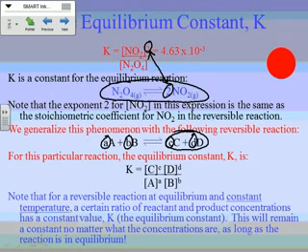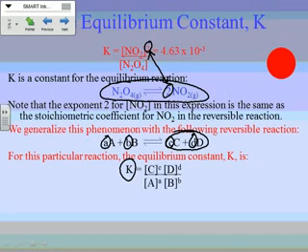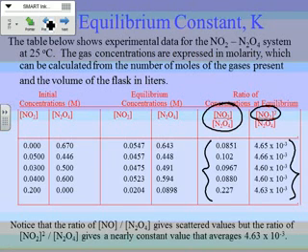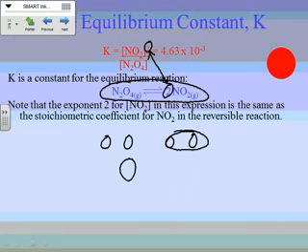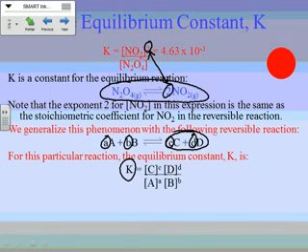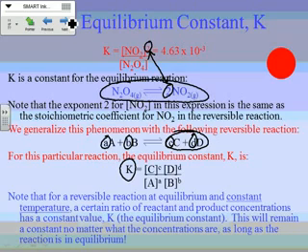Okay, so at equilibrium, this K is always going to be the same. All right, just like we looked at in the example over here. If you take the ratio of these two things, which is essentially the K expression, then you end up with the same number every time, okay? And that's your K. That's going to be the same no matter what, as long as you are at constant temperature, okay?